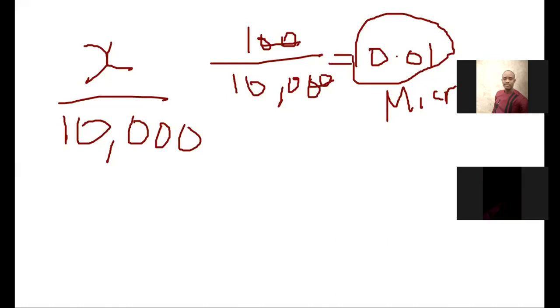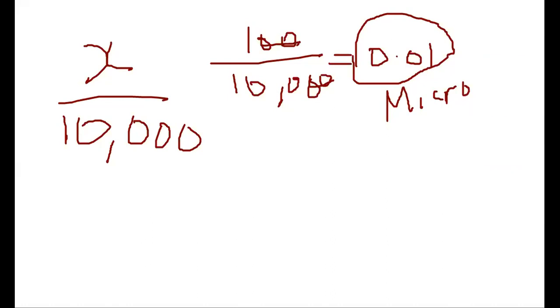Let's say, for instance, Mr. Paulinus calls me and says, Mr. Gospower, I have $1,000. What would be my lot size in the forex market? That would be 1,000 divided by 10,000.